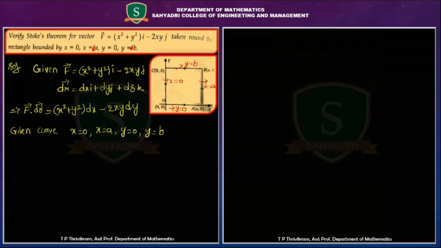How to find the line integral along this to find out the area of this square? We need integration along each side.